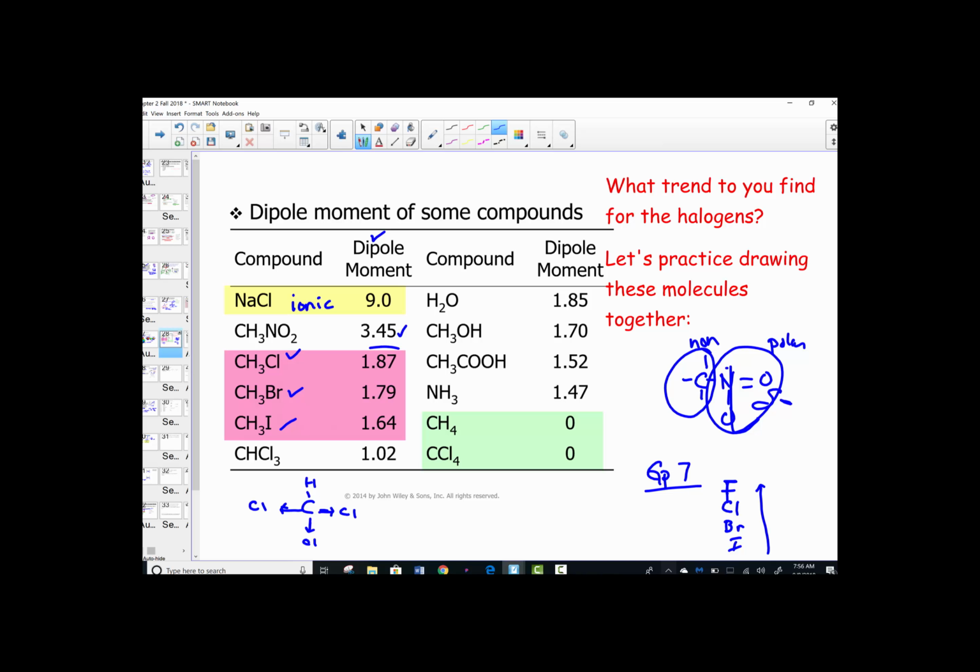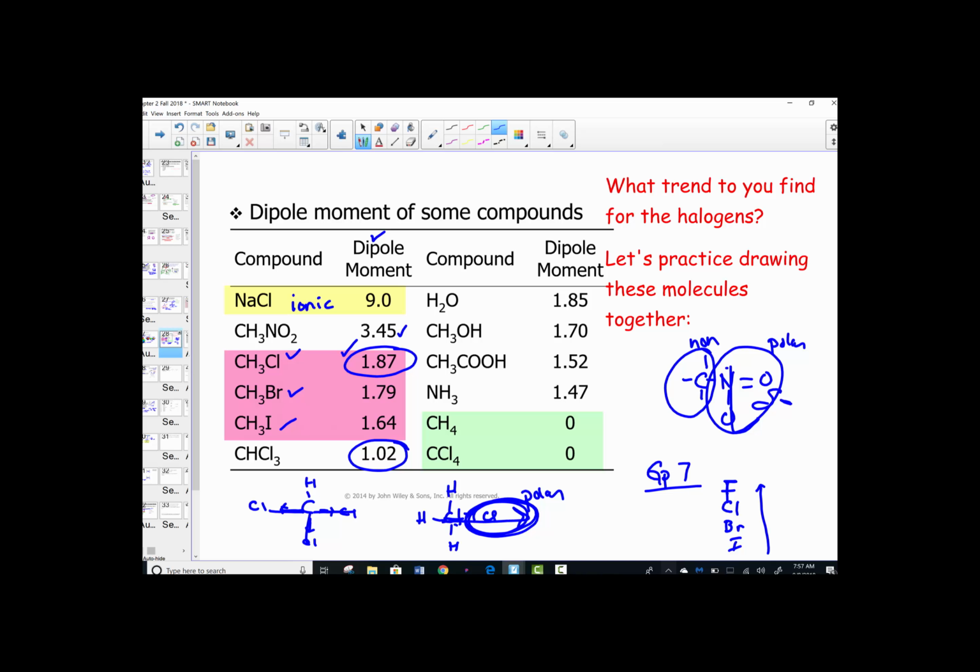So notice here's 1 chlorine attached. The unequal distribution definitely lies here because it's being pulled in 1 direction. So this is a very polar region, a high number. But if I replace 3 hydrogens and put on the halogen, you decrease the polarity because the distribution now is going in more than 1 direction.